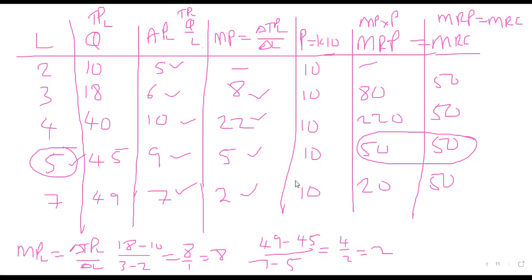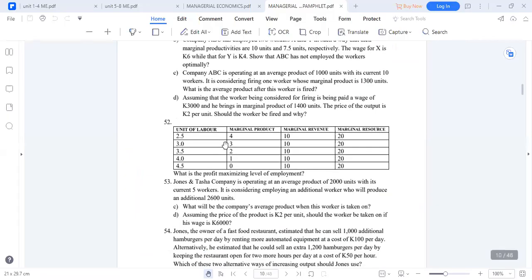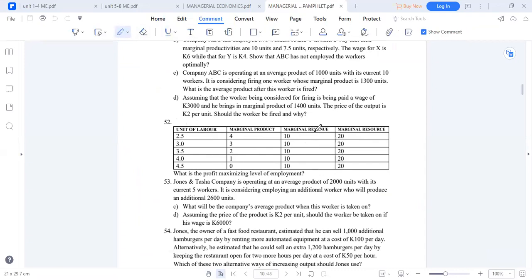An exam setup can come like this. We're told that the units of labor, the marginal product, the marginal revenue, and the marginal resource cost are as follows. So here, what is the profit maximizing level of output? We know that the marginal product of labor times the price, which is the marginal revenue, you multiply them. So we can create another column here, which we call the marginal revenue product.